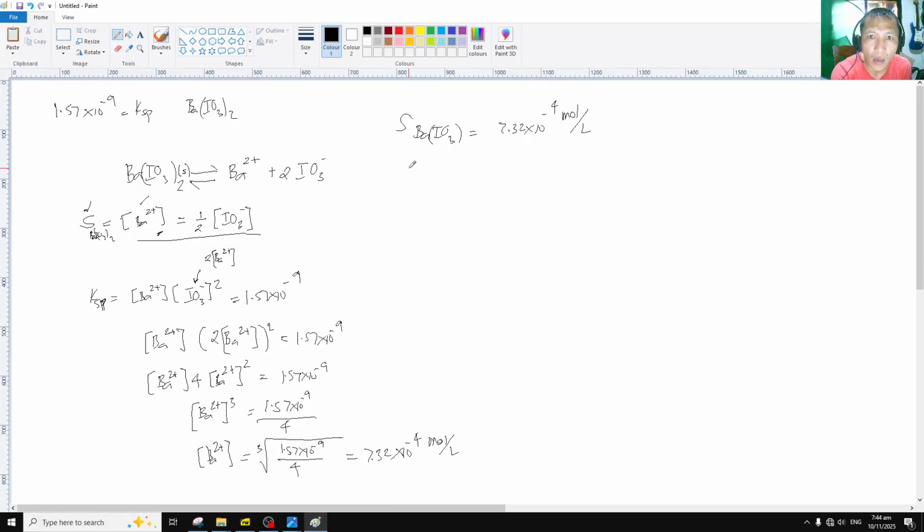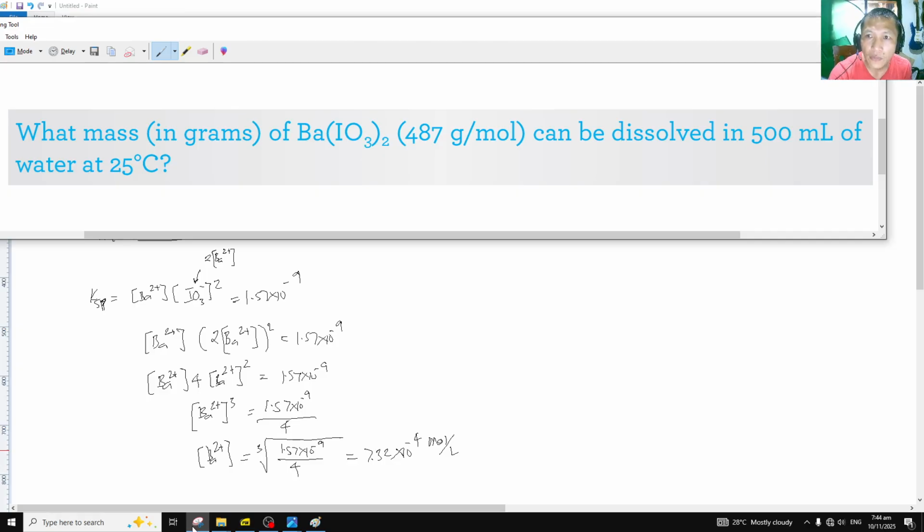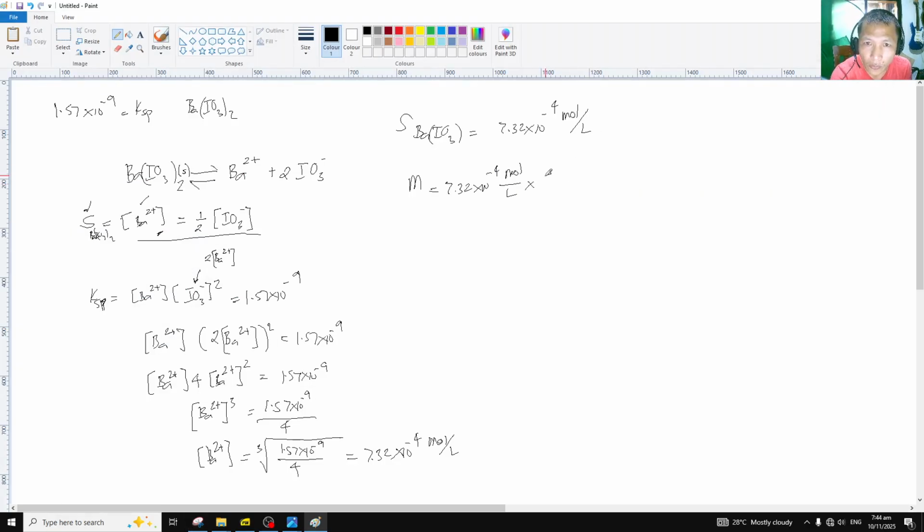So, ibig sabihin, pag gusto natin yung mass, i-convert na lang natin to. 7.32 times 10 to the negative 4 mole per liter. Multiply natin ng 500 ml or 500 times 10 to the negative 3 liters. So, makukuha na natin ng mole na to ng barium iodate.